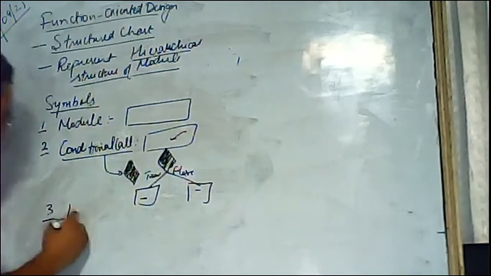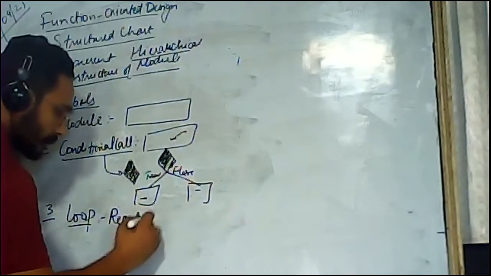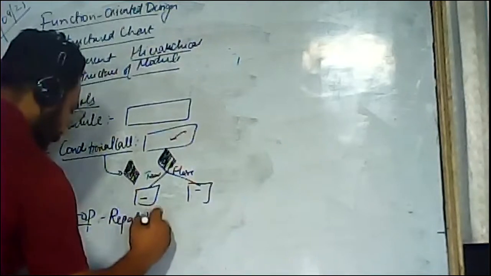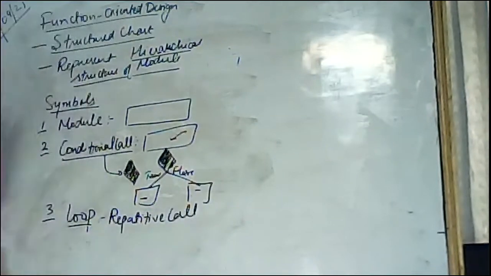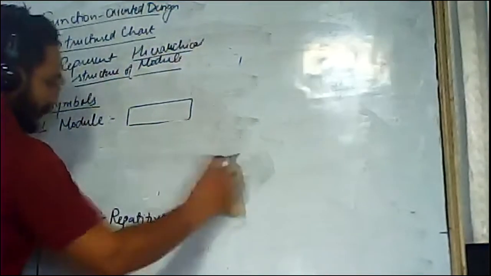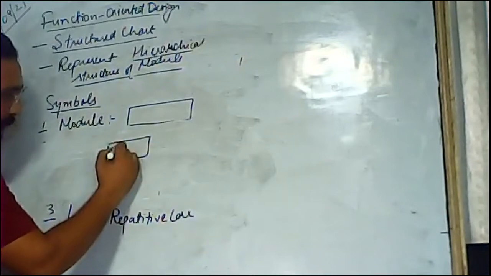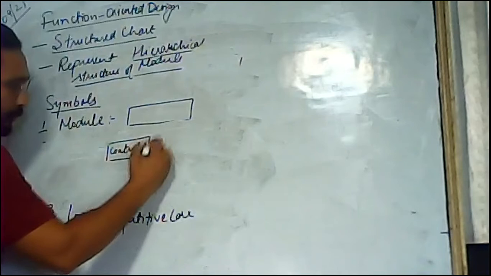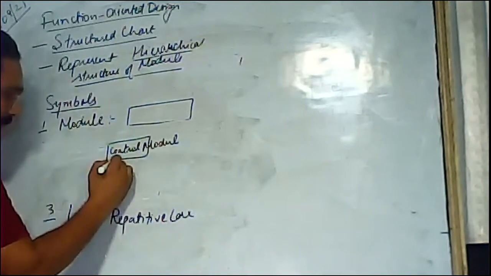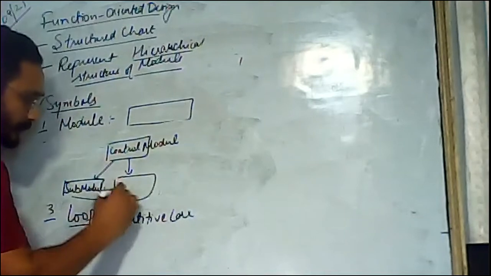Third is your loop. This is for the repetitive form. If this is the control module, and these are the sub modules, I will write it short like this.